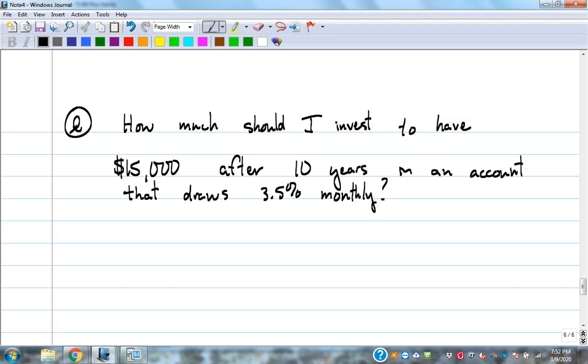They'll give you a higher interest rate because they're going to use your money to make money. So we're going to set this up with our formula for compound interest. We're going to plug in everything that we know. The only thing we don't know is how much we should have put in the account at the beginning. That's the part we don't know.